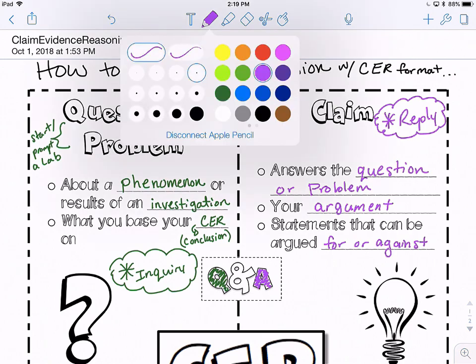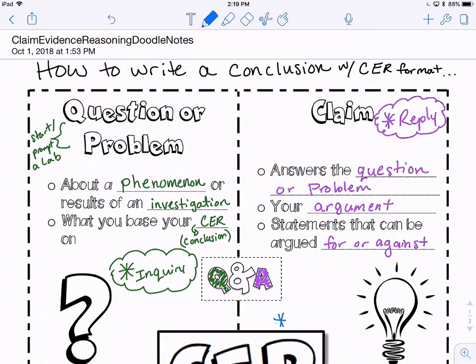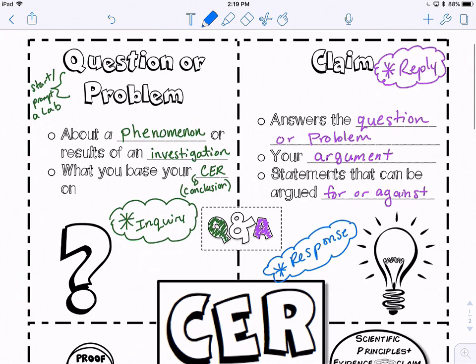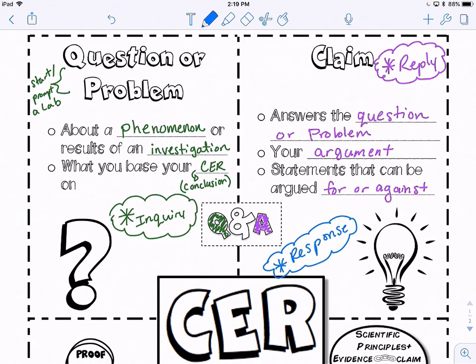It is your response. After you give your claim, and let's add another bullet, it is one sentence only.